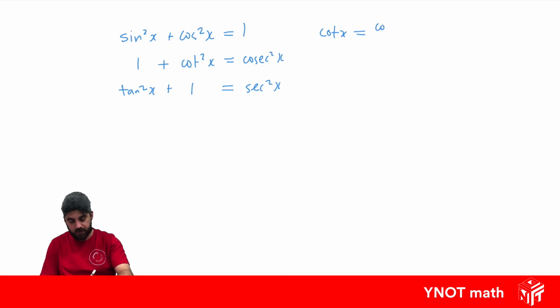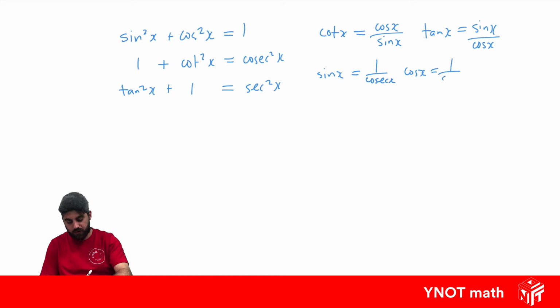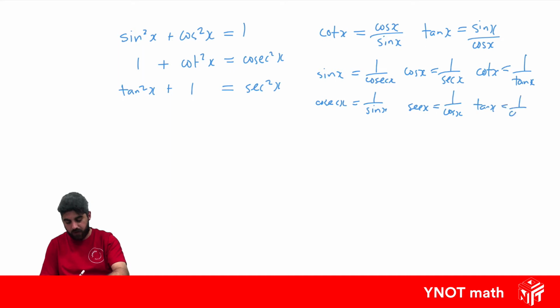We're going to use cot x equals cos x over sin x, tan x equals sin x over cos x, sin x equals 1 over cosec x, cos x equals 1 over sec x, cot x equals 1 over tan x, cosec x equals 1 over sin x, sec x equals 1 over cos x, and tan x equals 1 over cot x.